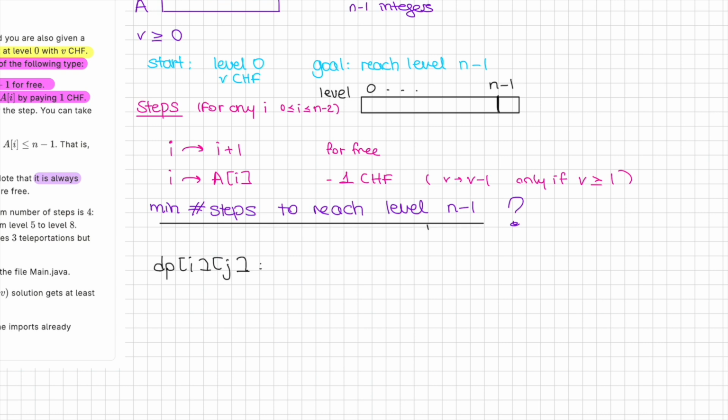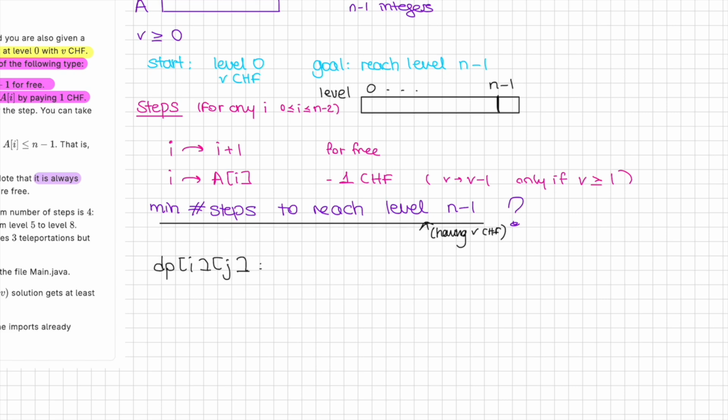Here we're allowed to use v francs, right? Like if we initially have v francs.